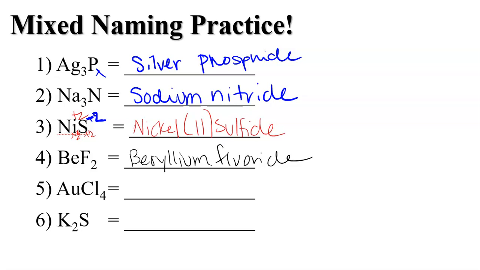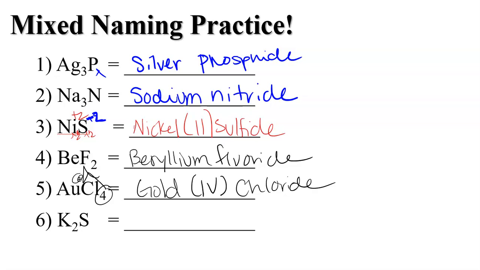Right? Next one we have is gold chloride. Ooh. Now gold is a transition metal, and it's also not inside your exception metals, so we need to take that charge of 4 and put it back up where it was over here. Okay, so this is going to be gold 4, which in Roman numerals is IV, chloride. All right.